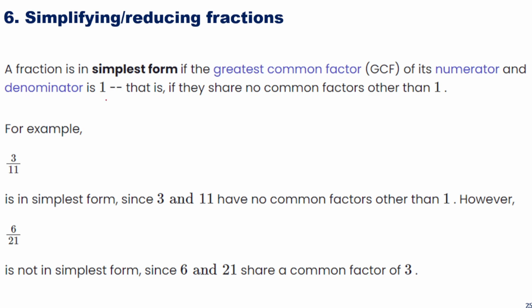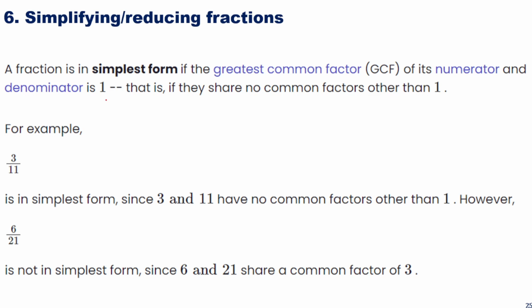That is, if they share no common factors other than 1. For example, 3/11 is in the simplest form, since 3 and 11 have no common factors other than 1, right? However, 6/21 is not in the simplest form, since 6 and 21 share a common factor of 3. Are you clear with the concept?